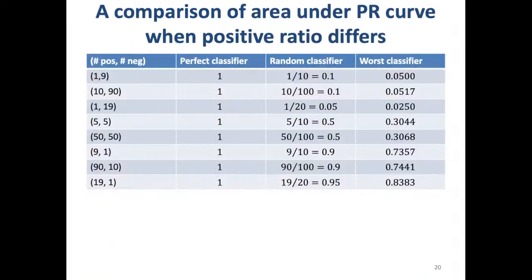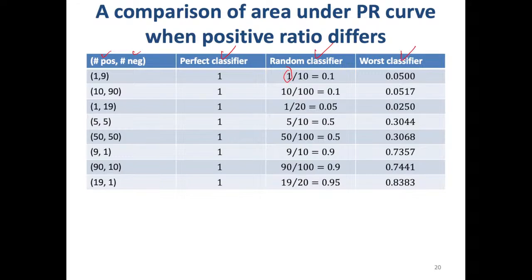Okay, so I list some numbers here. The number of positives versus the number of negatives. For a perfect classifier, the area under the PR curve is always 1. For a random classifier, the area under the PR curve equals the number of positives divided by the total number of instances.